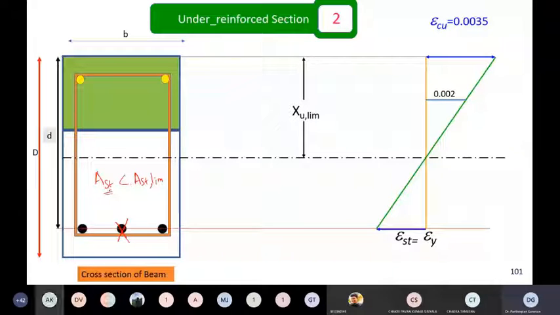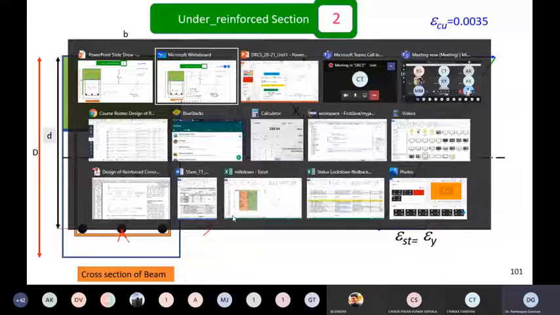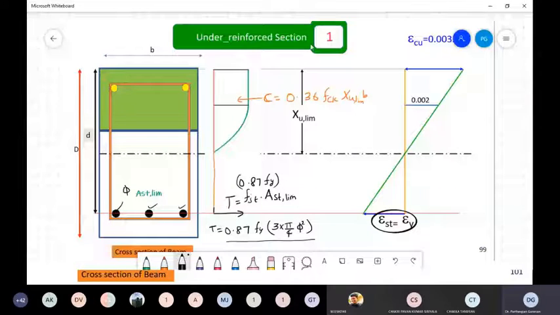Since AST is less than AST limit, what will be the tensile force by the steel? It is 0.87 Fy into AST, where since AST is less than AST limit, your T will be less. For example, let me take one crude example. Let me erase all these things.